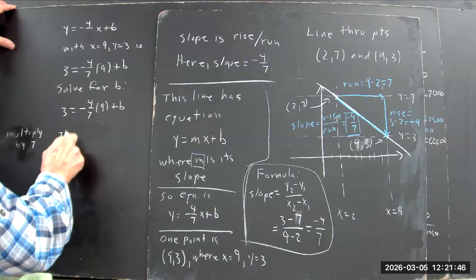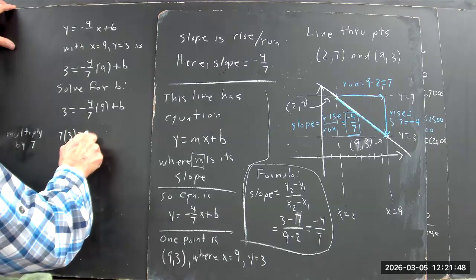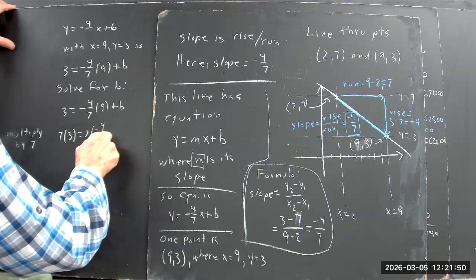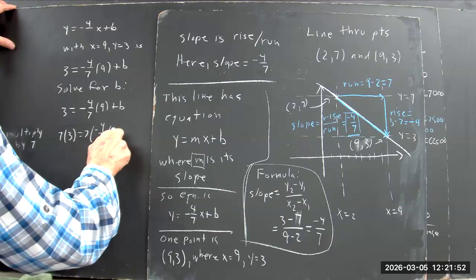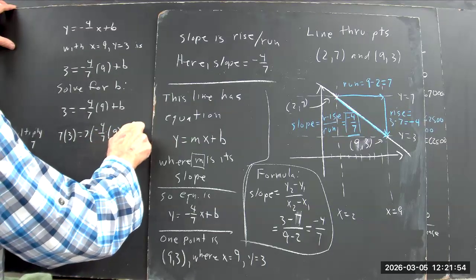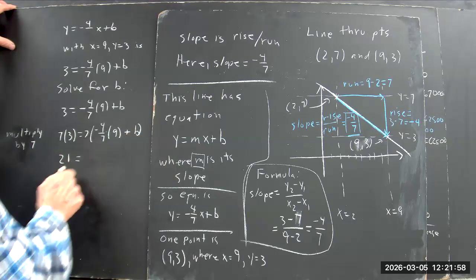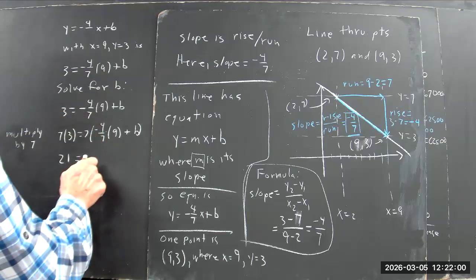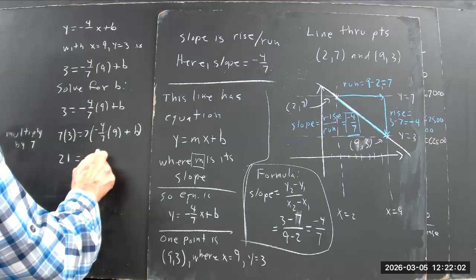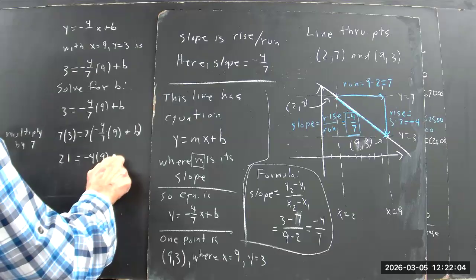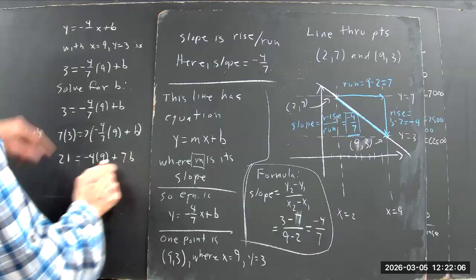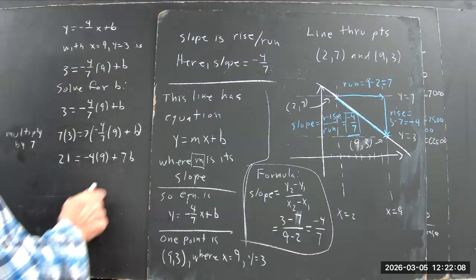Multiply both sides by 7, we get 7 times 3 equals 7 times -4/7 of 9 plus b. So we get 21. 7 times -4/7 is -4, and the 7 multiplies the b.